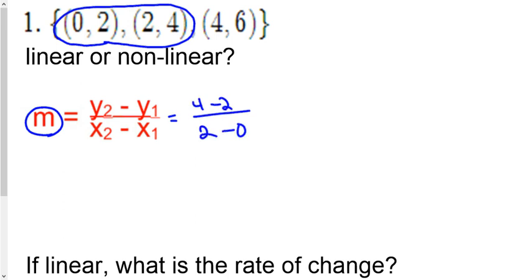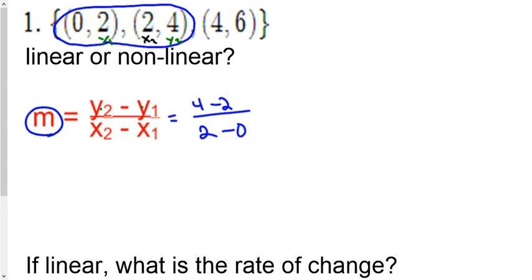Let's take just a moment on this first one to remind ourselves of how to do this. This is a y, and this is a y. I'm saying this is my second y point, and this is my first y point. So this is y2 minus y1. Our y2 is 4, and our y1 is 2. So 4 minus 2, and then we come back for our x's.